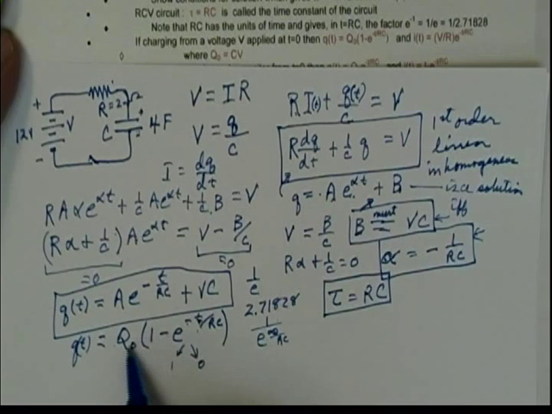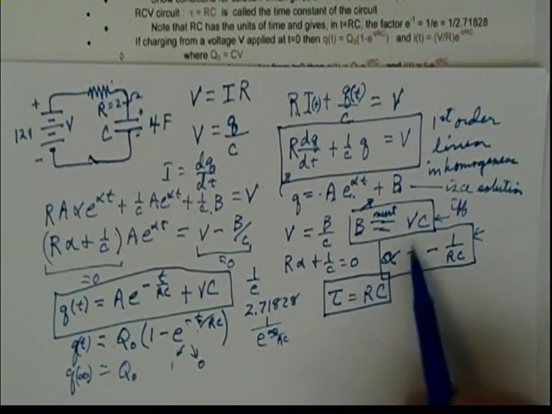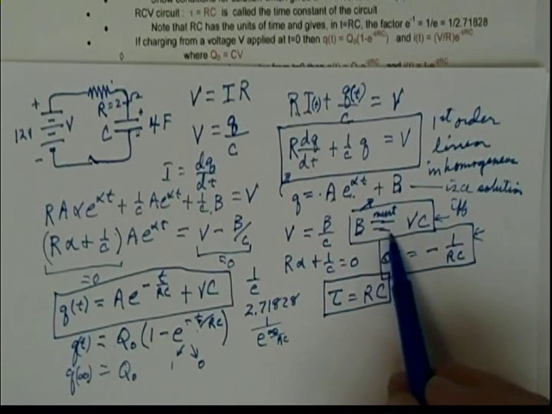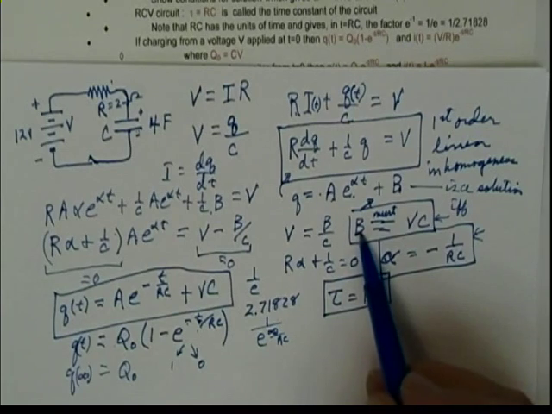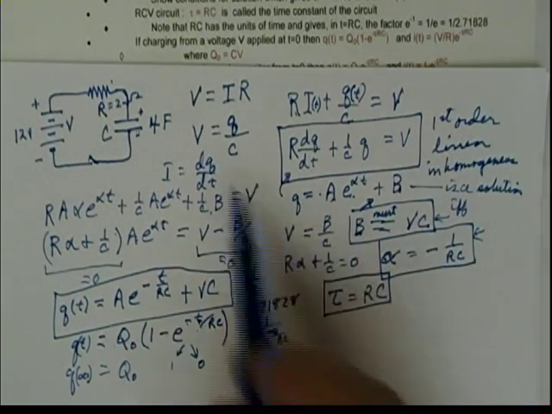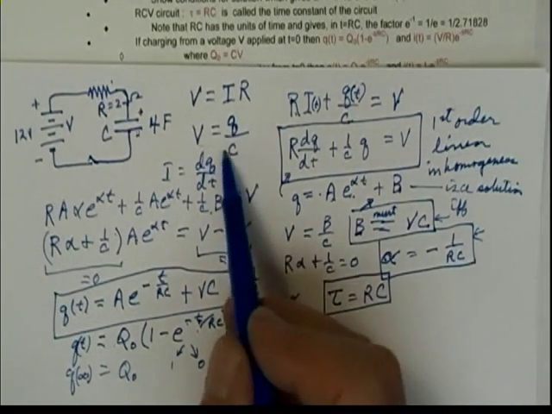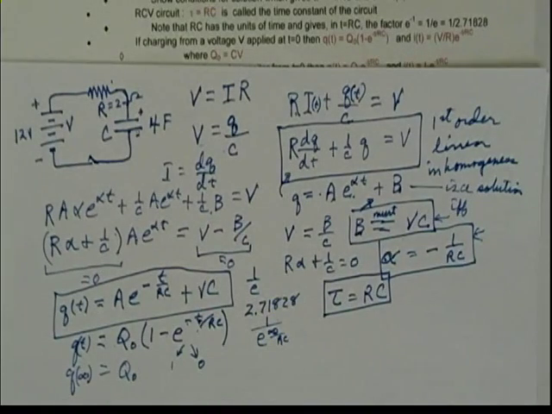So the charge at infinite time is going to be equal to just Q naught. And so it charges to a full charge of Q naught, which is what we originally said back here. We said that B must equal V times C, which is the charge that's on the capacitor.